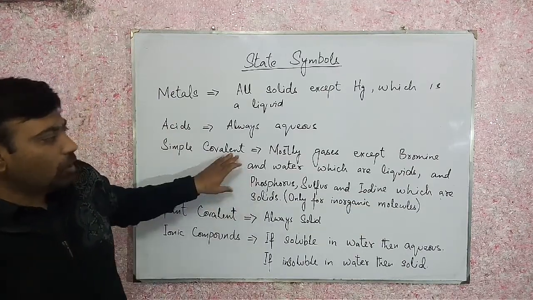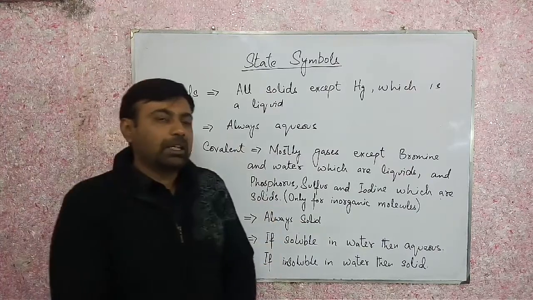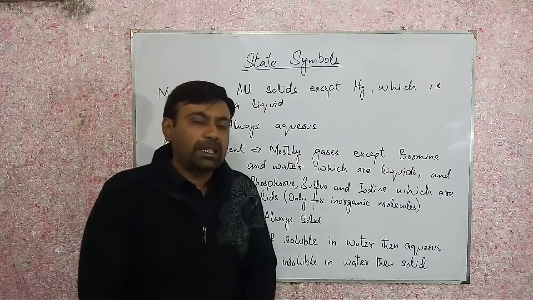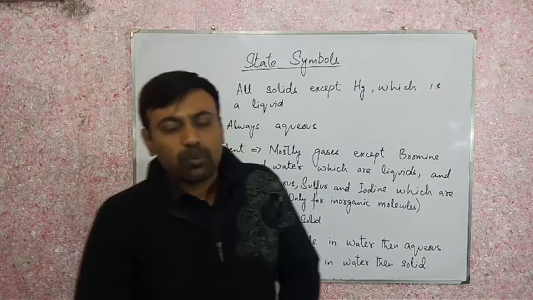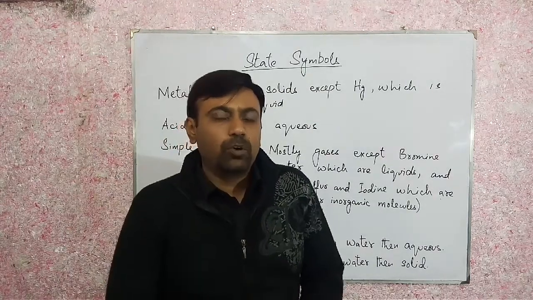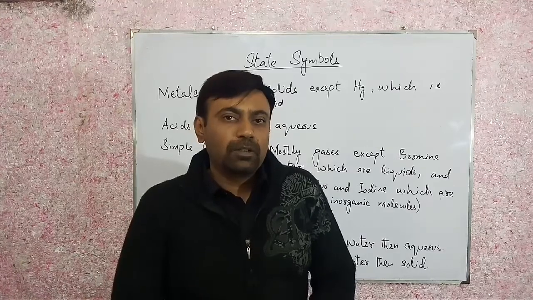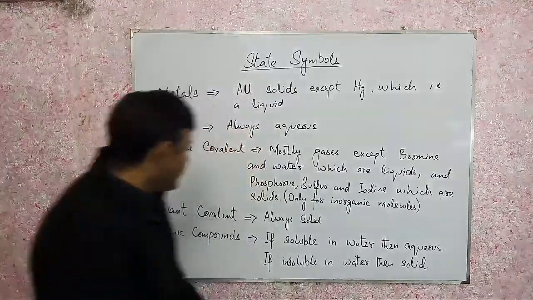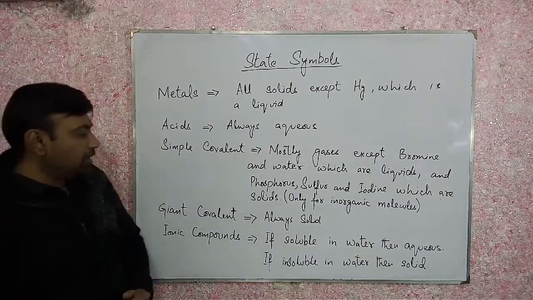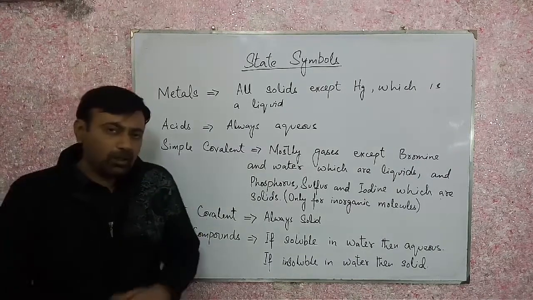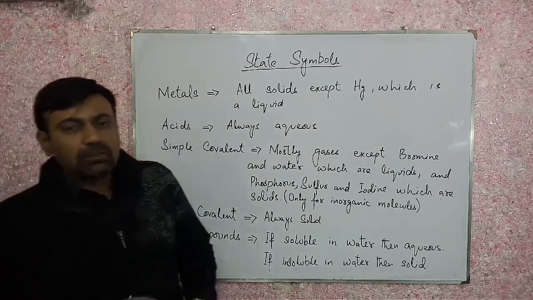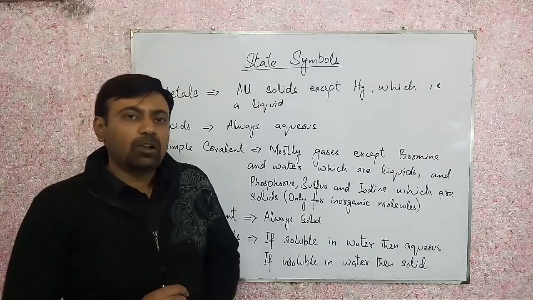But this is only for inorganic molecules. For organic compounds, we can look at the properties of that specific homologous series and find out the state symbol of that compound.